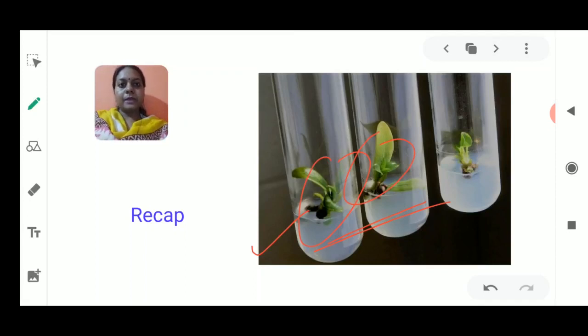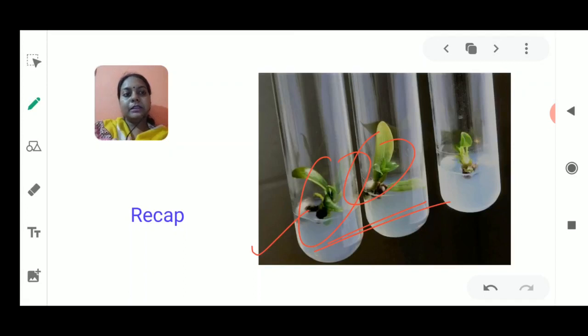Once they are produced in this culture medium, these plants are ready for sowing into the soil. Once sown into the soil, they grow in a very healthy manner, very similar to plants which are grown directly in the soil.